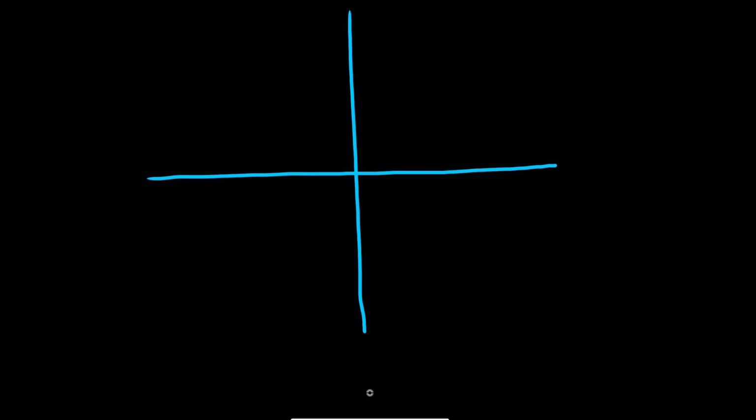So we'll go by -1, -1, 1, 1. Okay? So we can say this point right here is 1, 0.